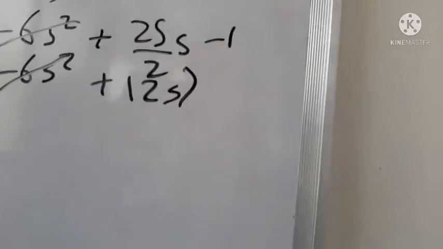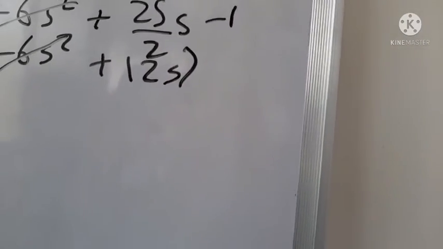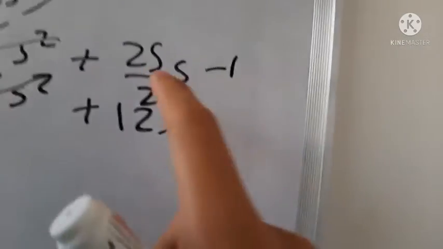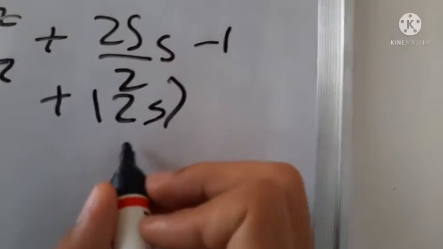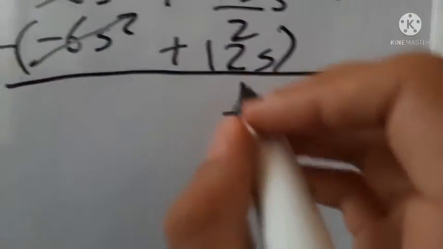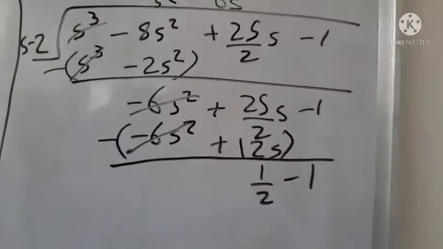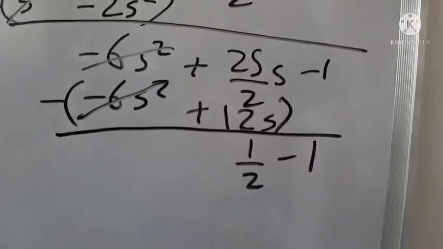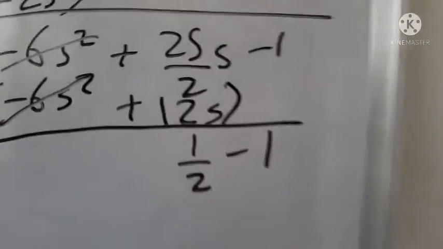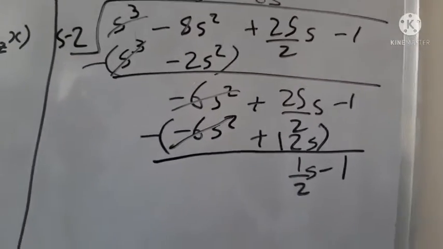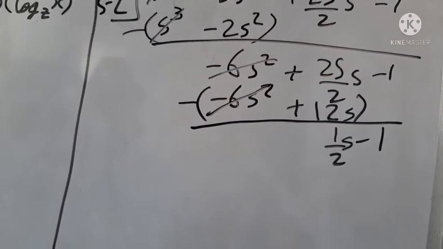So plus 25 over 2 minus 24 over 2, that's 1 over 2 s, sorry, I missed the variable, minus 1.